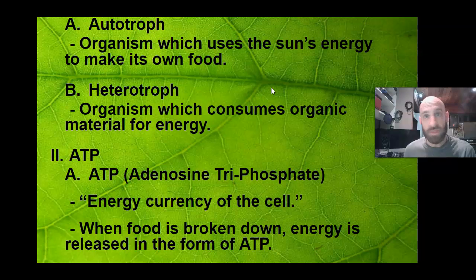You can't give them something you pick up off the ground and say, I want to give you this and I want that. You have to give the person money. That is our currency. Well, the cell's energy currency is ATP. Anytime a cell wants to do anything that requires energy, the energy we're talking about is this molecule. So when we break down food, we release energy in the form of ATP, and that's how we do things.